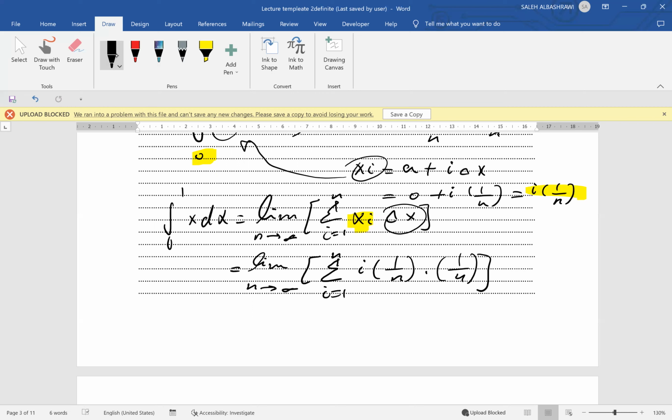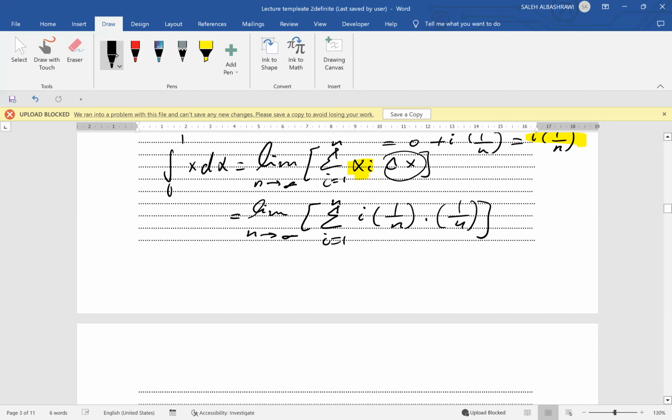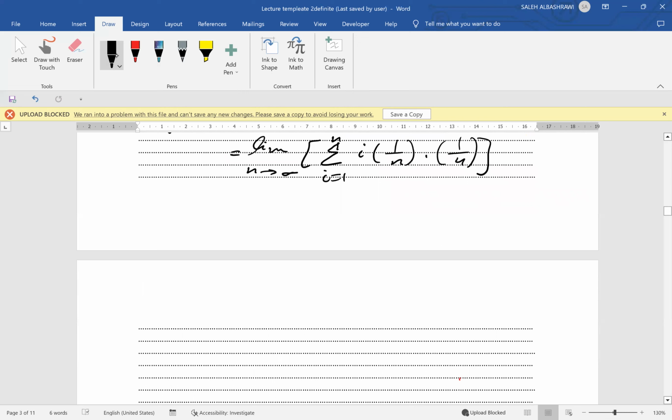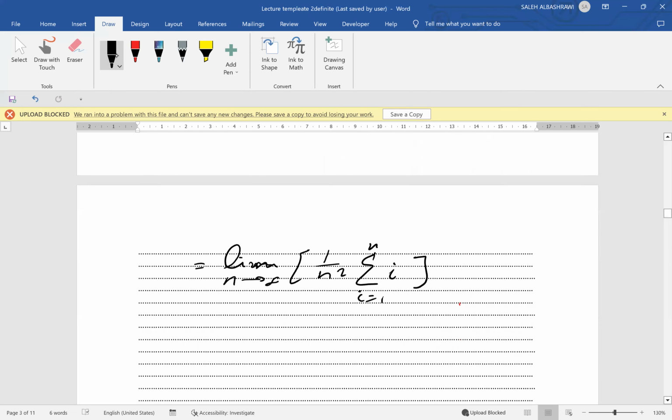So I will take 1 over n outside the sigma. So this is equal to the limit as n goes to infinity of 1 over n squared multiplied by sigma of i from 1 to n. And we know that the sigma of i is equal to n multiplied by (n plus 1) divided by 2.